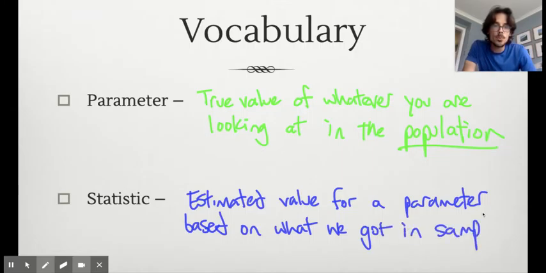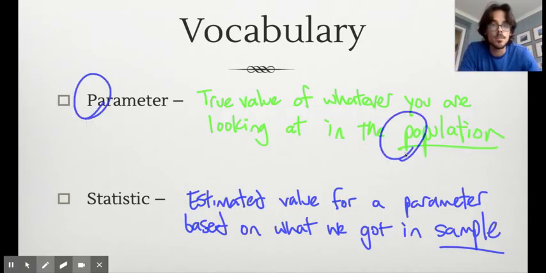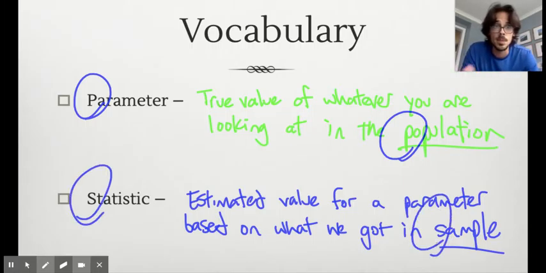And it's going to be pretty easy for you guys to keep these things straight. Parameter and population both start with a P. Statistic and sample both start with an S. So it's very easy to keep them straight. The parameter is the answer for the whole population. The statistic that you get is what we got. It's like the answer for our sample that we use to apply to the population.